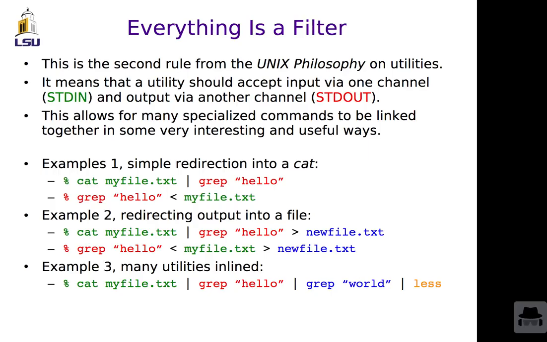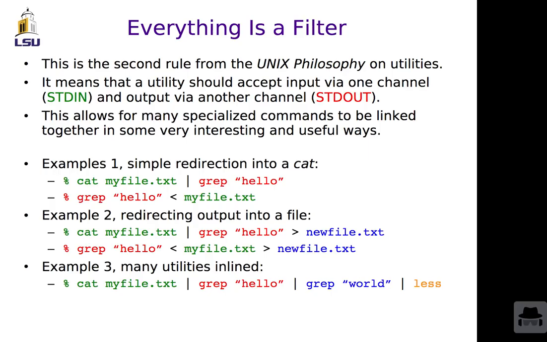There's also another way to dump the contents of a file into a utility like grep, which would be to do a redirect. And the way that you would do this is you kind of flip it around. It's still a filter analogy, but in this case, the recipient of the output is grep on the left-hand side, and then there's the less than symbol, and that's the input redirect, and then myfile.txt.